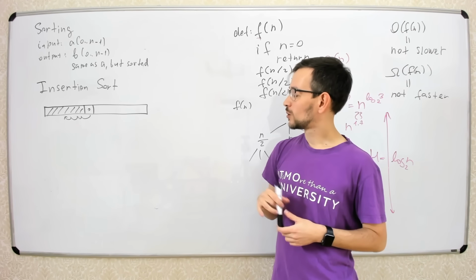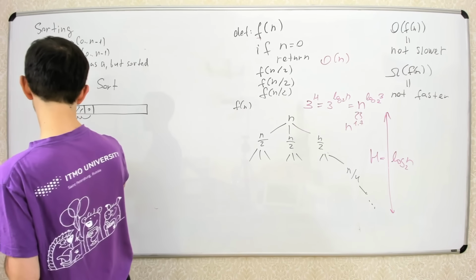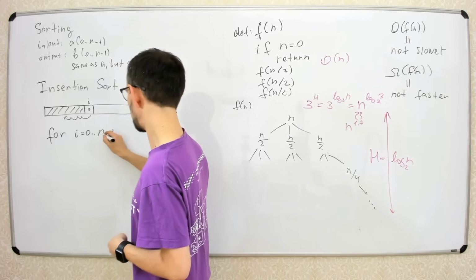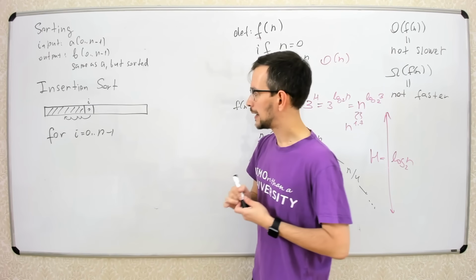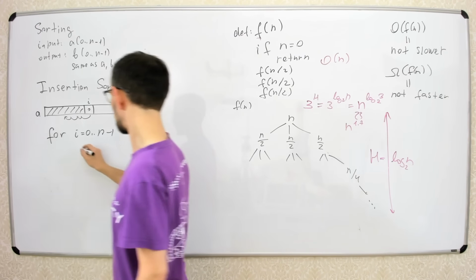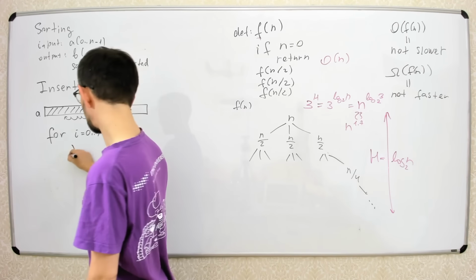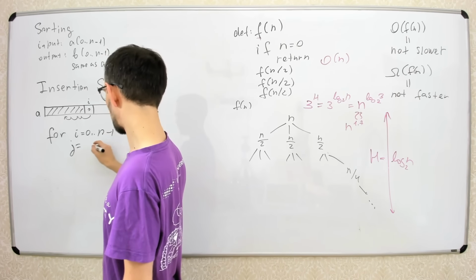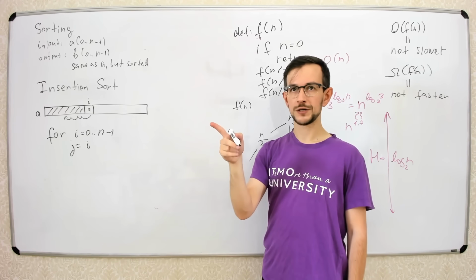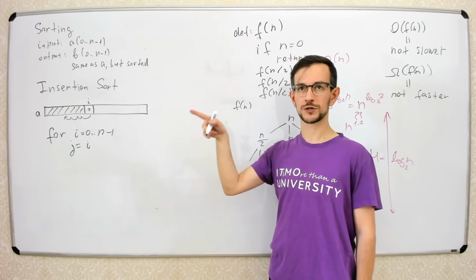Let's go. So let's write the code. We have, let's say, for i from 0 to n minus 1. Let's say this element is index i. And now we need to move this element to the left. How will we do it? Let's say j is the index of the current element we are moving. First it's i, and now we move it to the left until we reach the left border, or we reach an element which is less than this element.